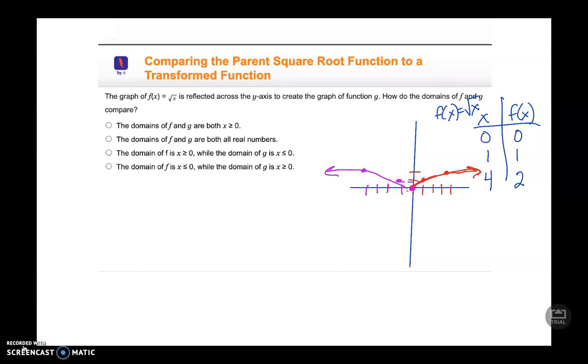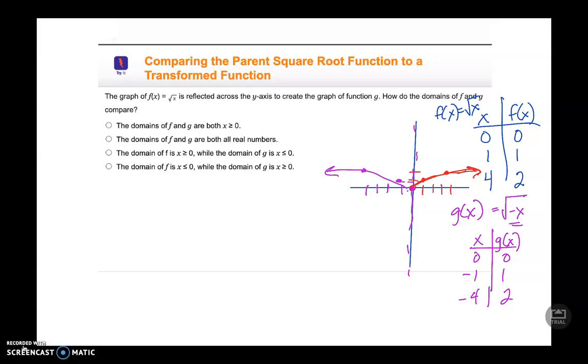It's like we set a mirror up right here, and we reflect it. So we could make a t-chart for this. If g of x equals the square root of negative x, and I'll explain this in just a second. If x is 0, g of x is going to be 0, x is 1, g of x is going to be 1, and x is negative 4, g of x is going to be a positive 2.